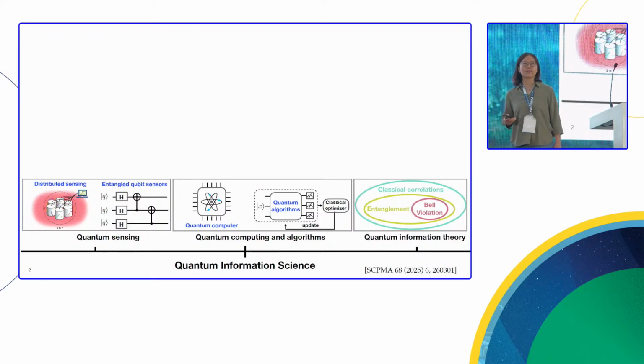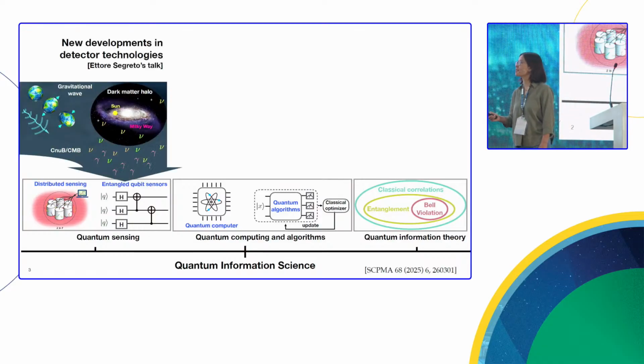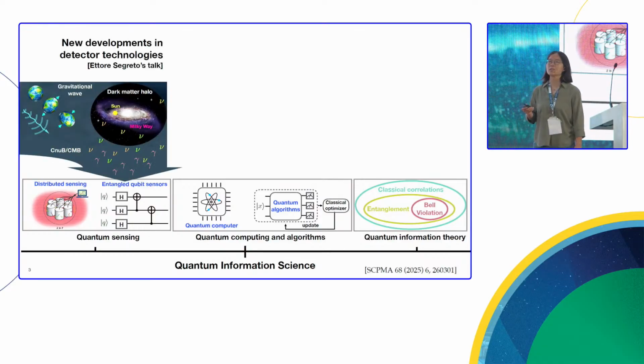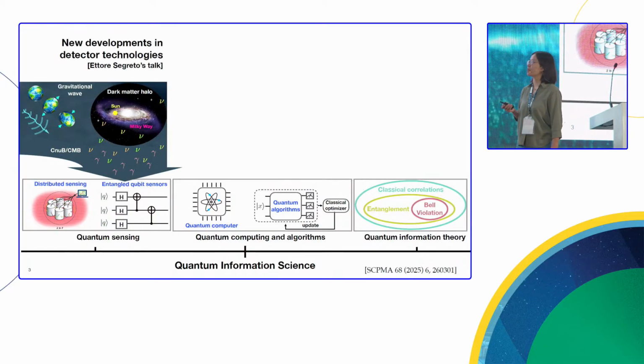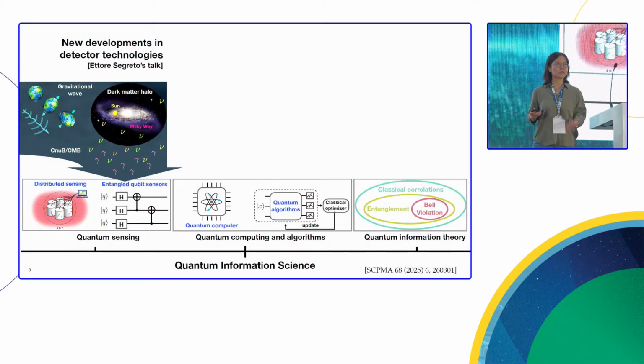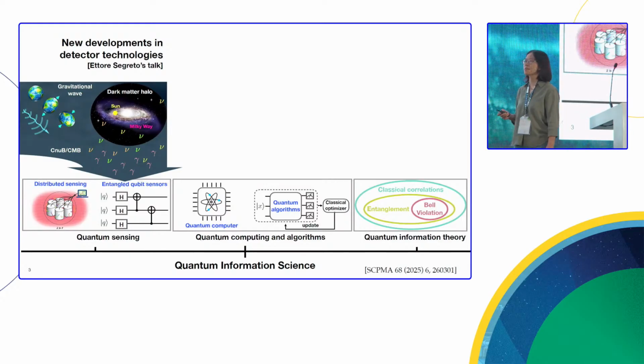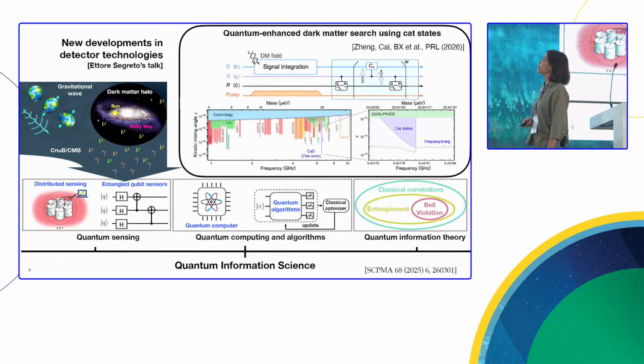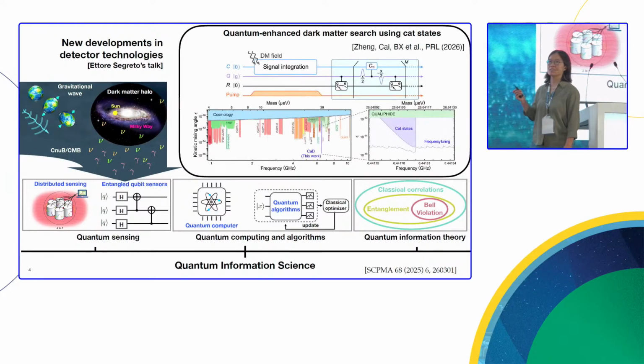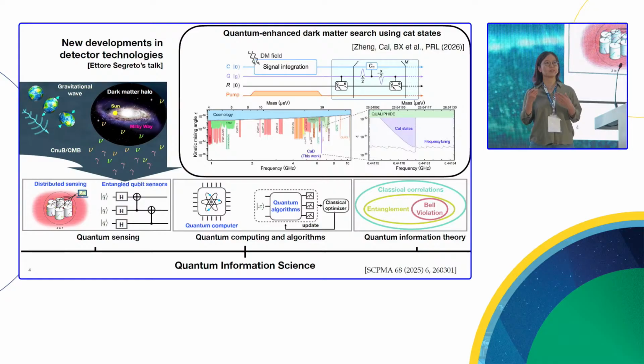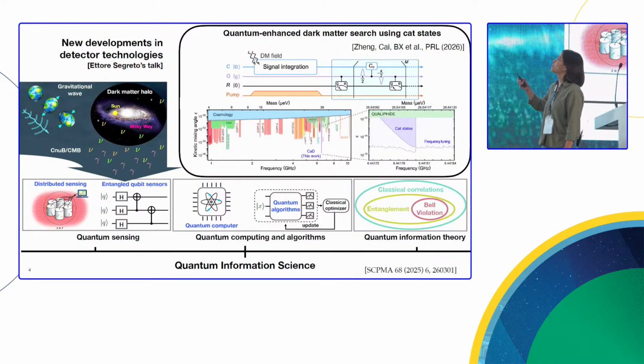As you already saw from the morning talk, we have utilized this technology in our detectors. I would like to highlight a little bit of the recent results. That is a tabletop experiment where you actually use the cat state, which is a superposition of coherent states, to detect dark matter.